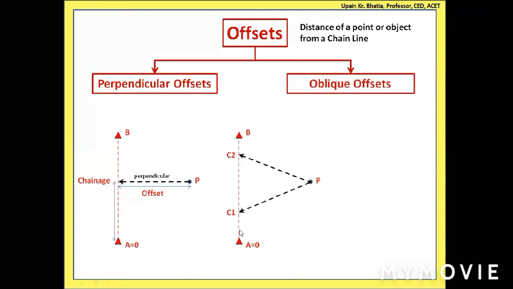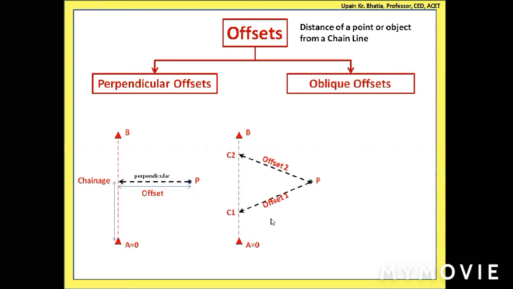Then you have to know the double offsets, two offsets collectively at corresponding chain edges C1 and C2. This will form one set of location for point P. You need to know C1, C2 and the offsets, offset 1 and offset 2. Both of these offsets are to be known.